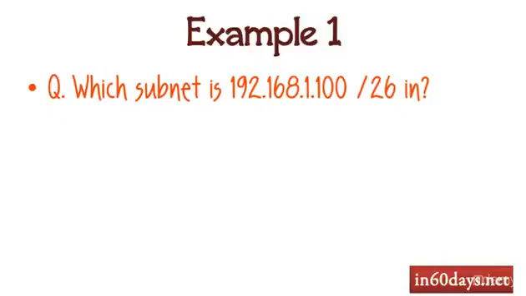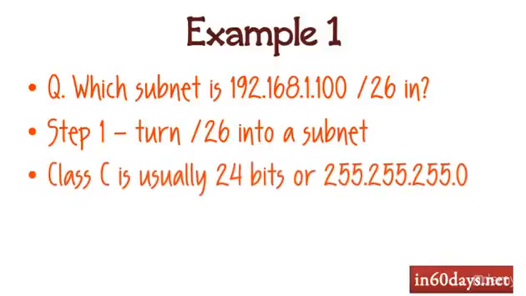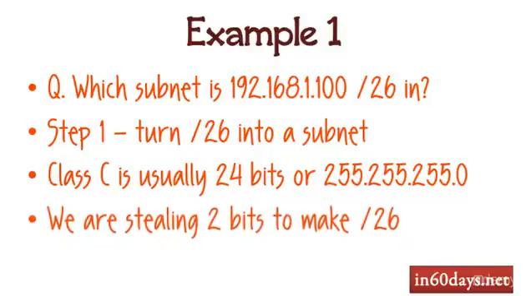The question is, which subnet is our host 192.168.1.100/26 in? The first step is always to turn that /26 into a subnet value. Now, a class C mask, because this is a class C number as we know, always has to be 255.255.255, and then we can steal some of the host bits.